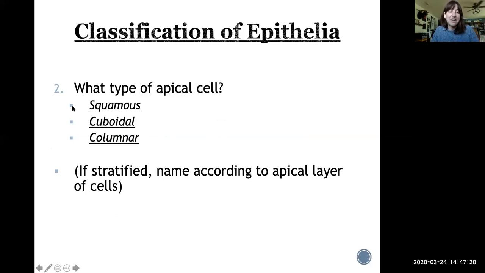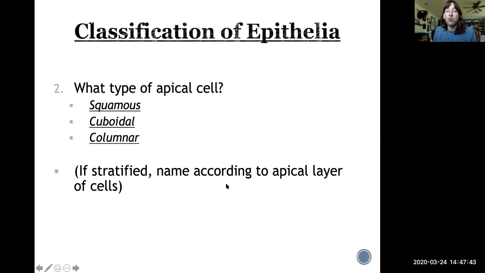That just means it is a single row of squamous cells, which are little flat pancake cells, a single row of cuboidal cells, which are cube-shaped, or a single row of columnar cells, which look like a column, like a rectangle standing on its end.